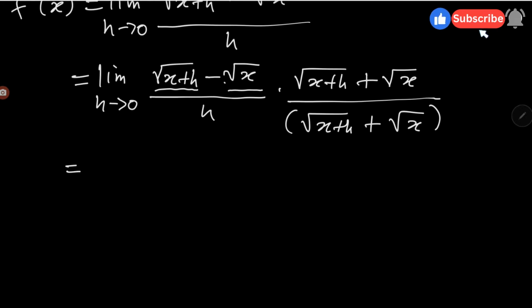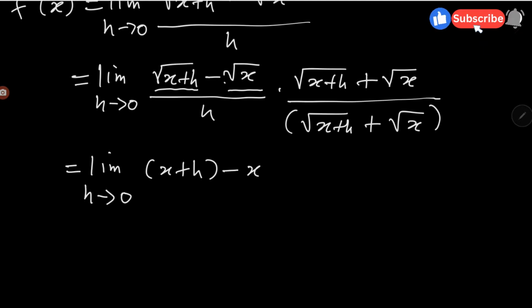Now doing that, we shall say this is the limit as h tends to 0. So the square root of x plus h squared, the root will cancel, so we'll just remain with x plus h, and we'll say minus the square of the square root of x, the same thing, the root will cancel, we'll just remain with x.